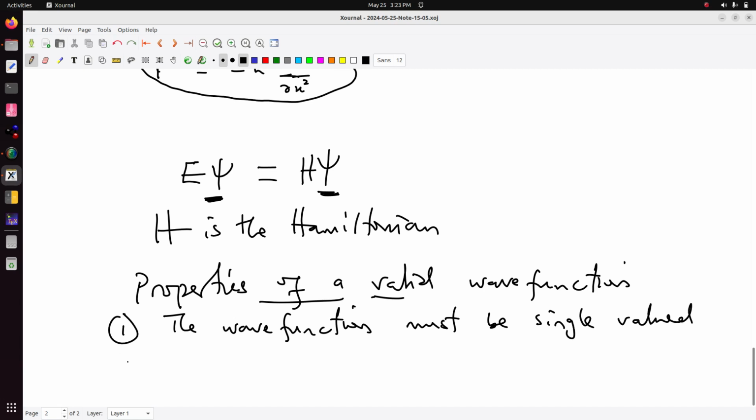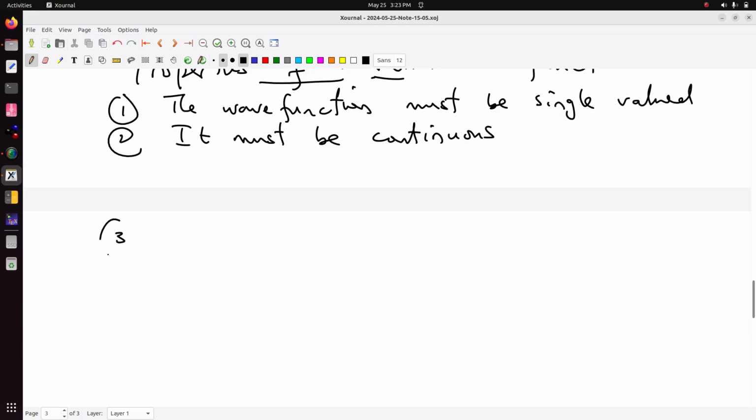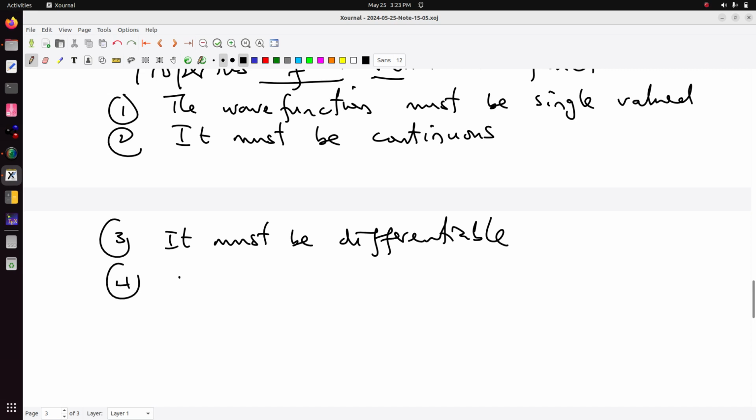It must be continuous. And it must be differentiable. Then it must be square integrable.